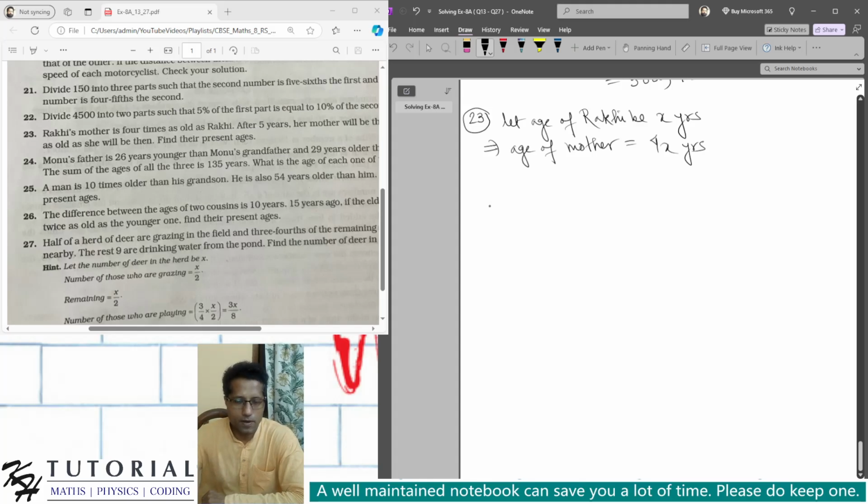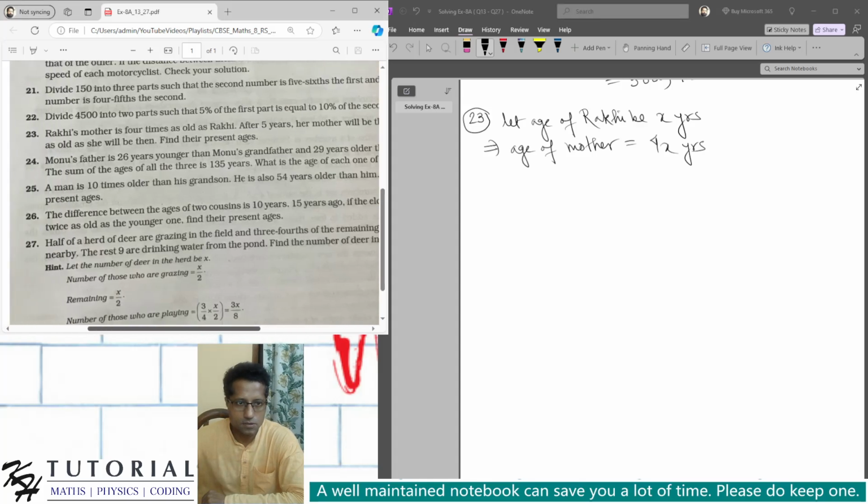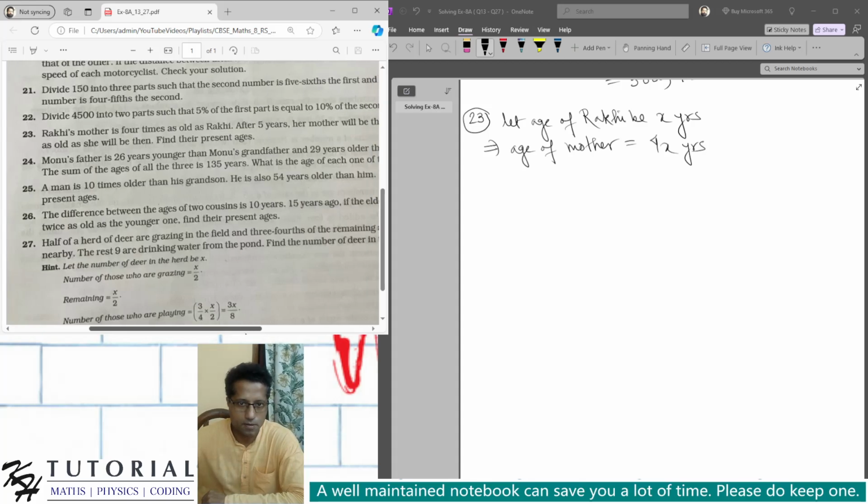After 5 years, her mother will be 3 times as old as she will be then.